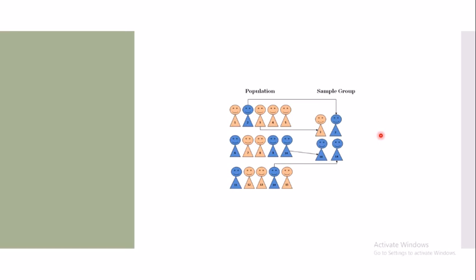No, right? Why? Because in this population you have only 6 blue units, and out of the 6 you selected 3. Whereas in the case of the beige group, you have 9 members but you only selected 1. So if I implement a study in this particular sample group, will the result be reliable?